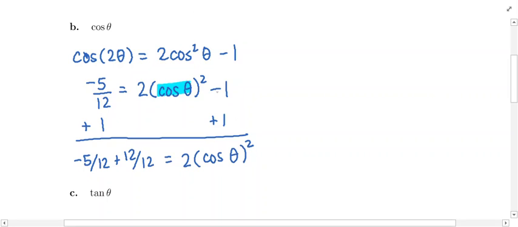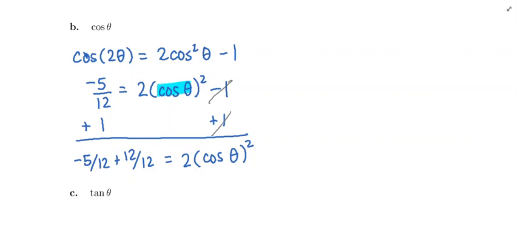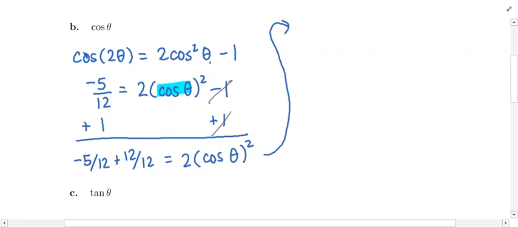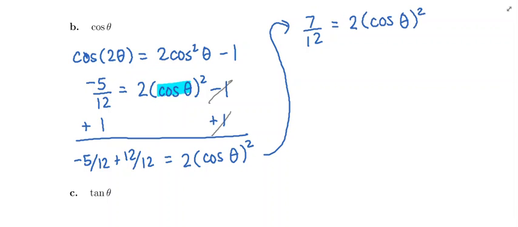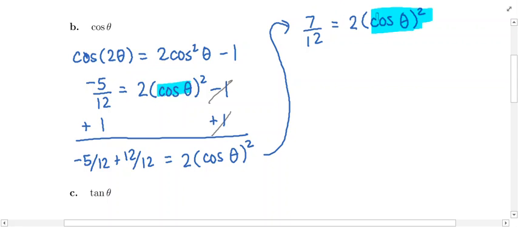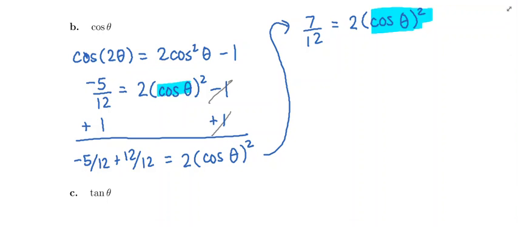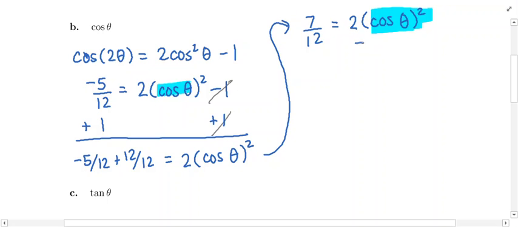The ones will cancel. So negative 5/12 plus 12 over 12 is going to give me 7/12. That's got to equal 2 times the cosine of theta squared. Remember the square is attached to the cosine of theta. It's cosine squared theta. That is being multiplied by 2, so we can undo that by dividing by 2.